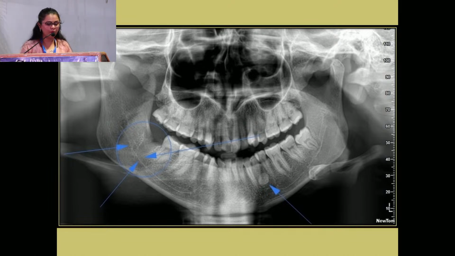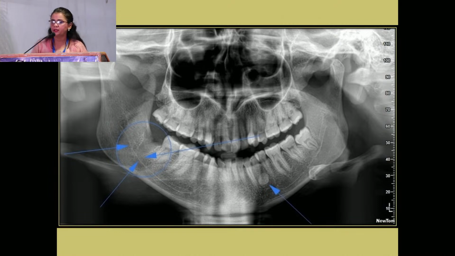So here I am able to see an extraction that has been done, and the patient actually came with a swelling in the lower right posterior region. She gave a history that there was an extraction and she is having pain. Here the extraction was done, and what I see is that the roots, you can see the lamina dura still in this, and the roots are encroaching the inferior alveolar canal.